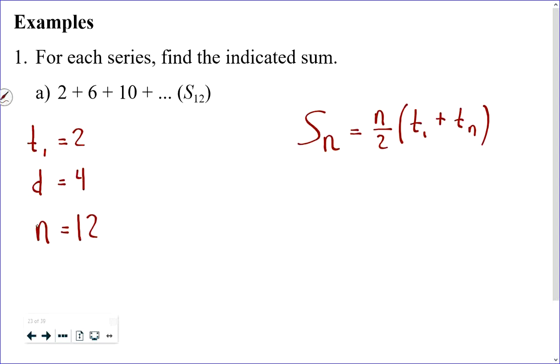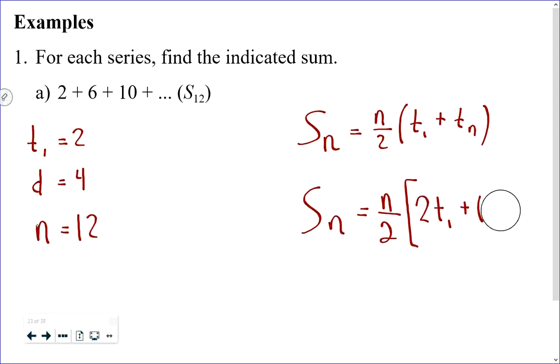But instead of doing that, we could find the sum directly using this formula. I'm of the opinion that although you could find the 12th term first using this formula, then use the top formula, which looks simpler than the bottom formula, two formulas is more work than one. That's just the way I think. If there's one formula that I can use to get an answer, why don't I just get the answer?